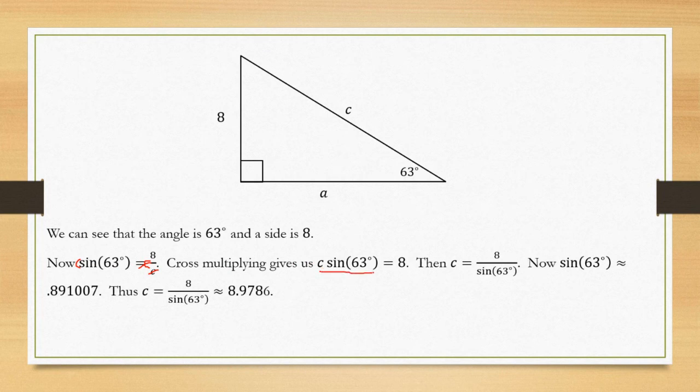Then I divide by sine of 63 degrees. Same thing over here, sine of 63 degrees. There we go. And that's good because now these are going to cancel. And then we get C is 8 over sine of 63 degrees.